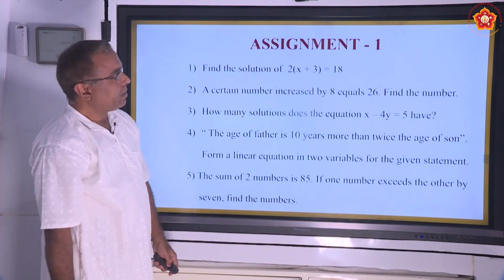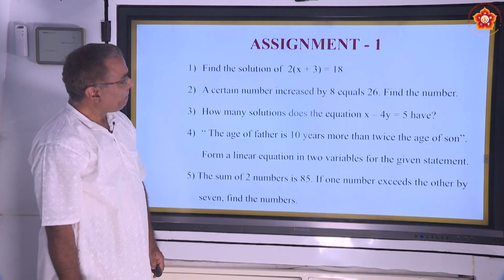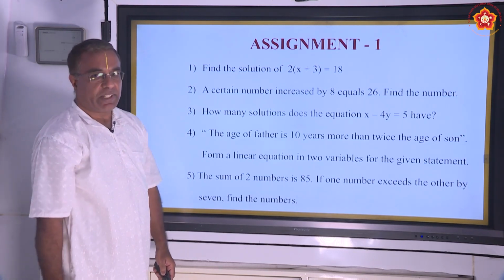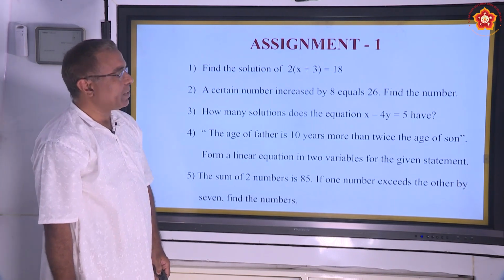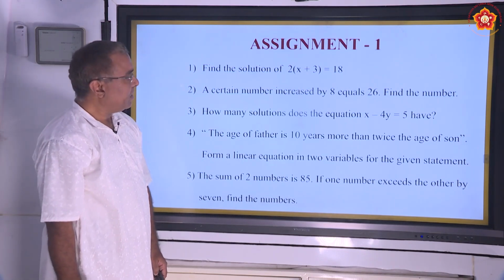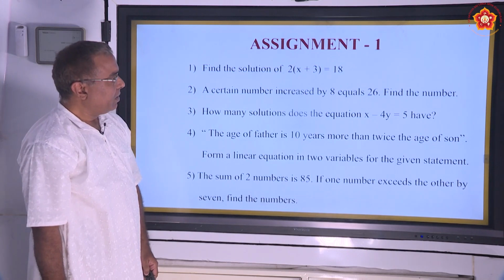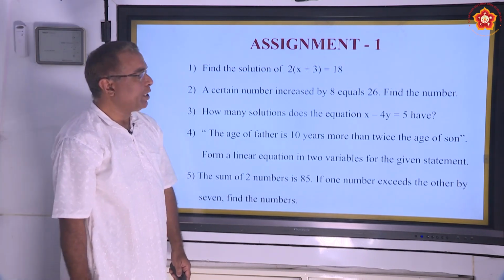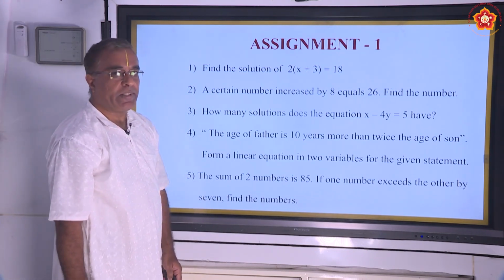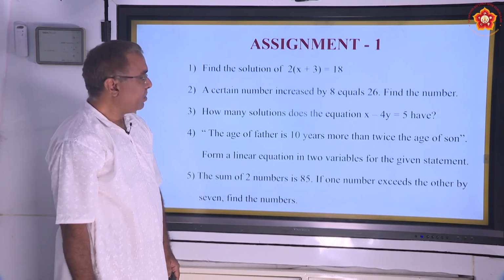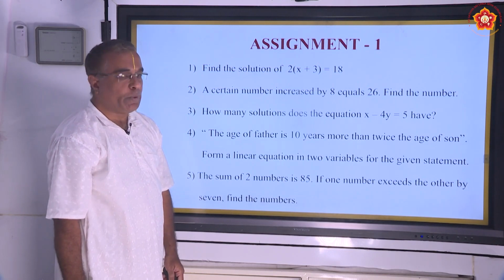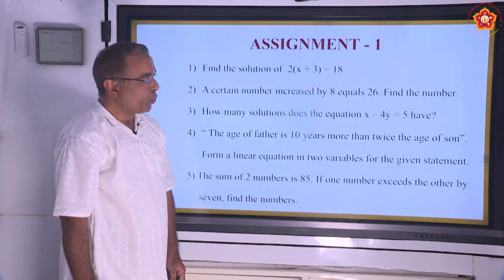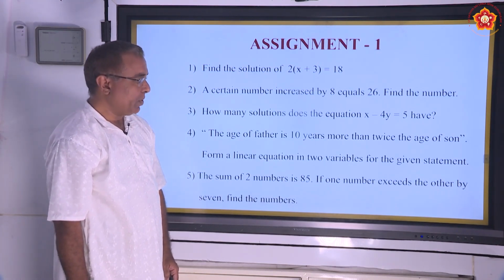Now you can take your assignment for the day based on what we have discussed today. Find the solution of twice of x plus 3 equals 18. Second question, a certain number increased by 8 equals 26, find the number. Third one, how many solutions does the equation x minus 4y equals 5 have?